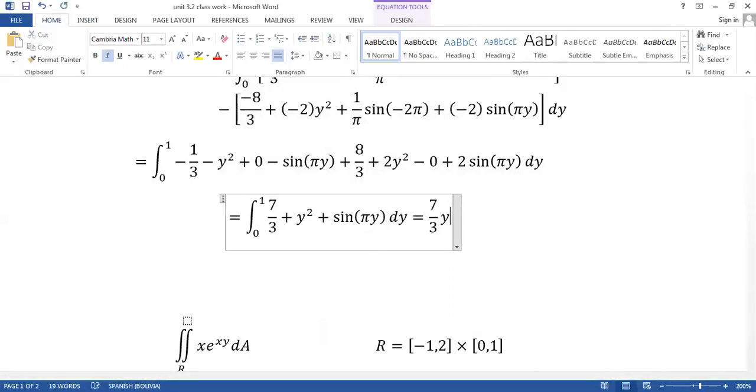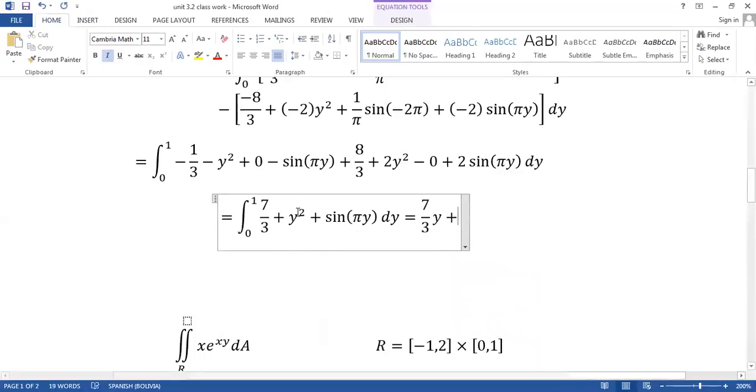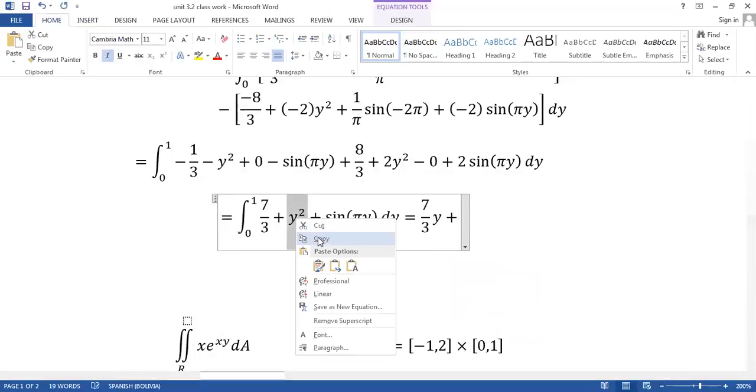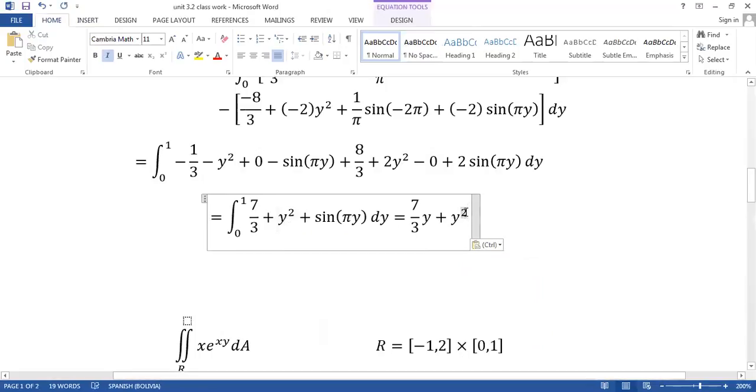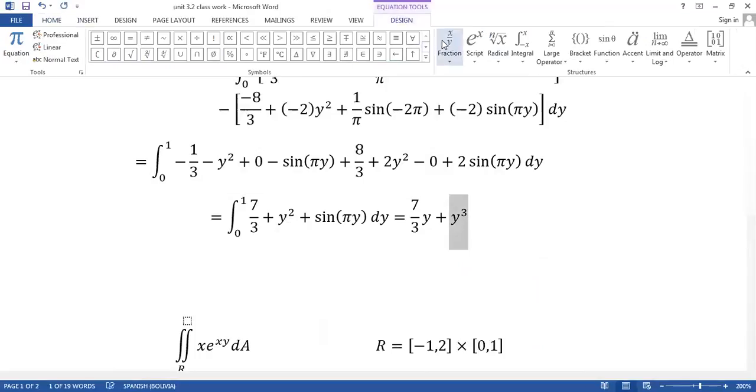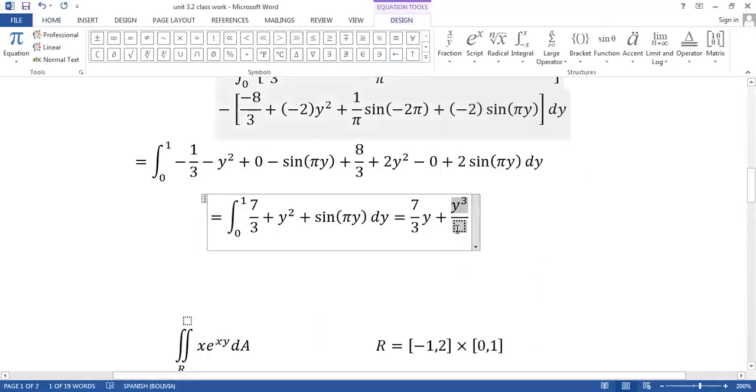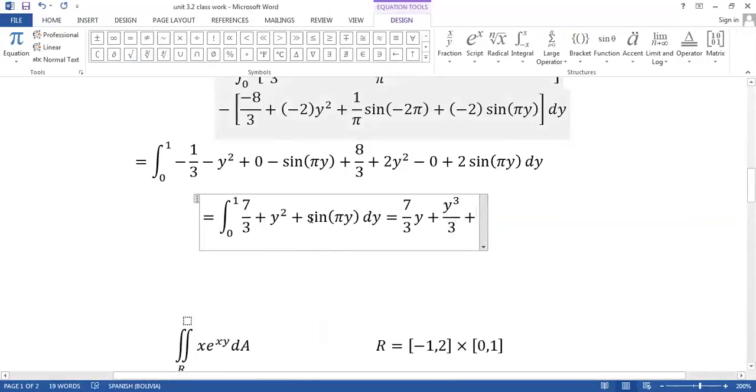Plus y cubed over 3. Plus what now? That would be cosine.